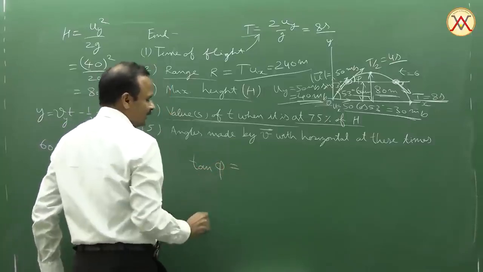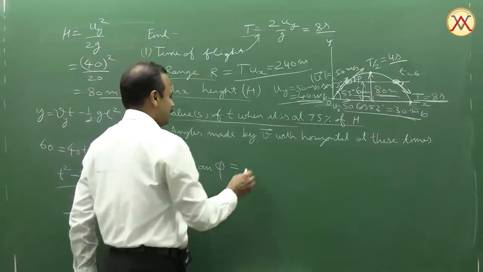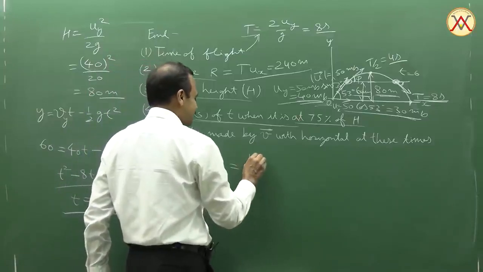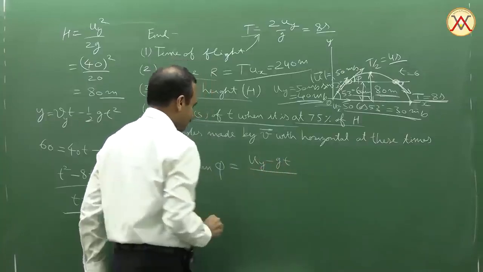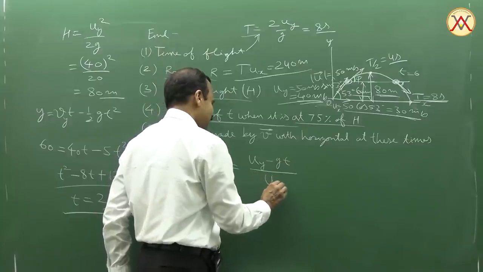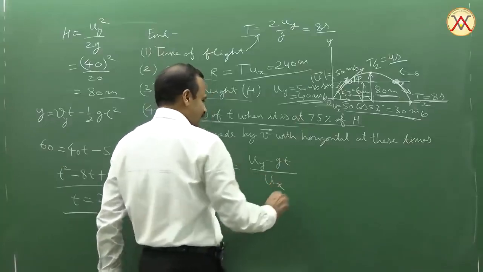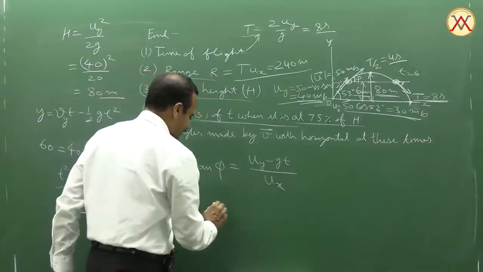Tan phi was Vy by Vx, and Vy is uy minus gt, and Vx is simply ux. Alright, so if I put t equal to 2 here, what do I get?